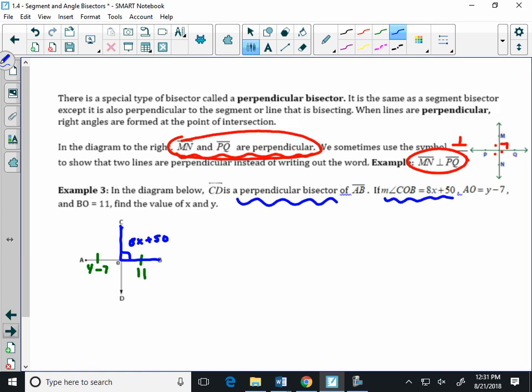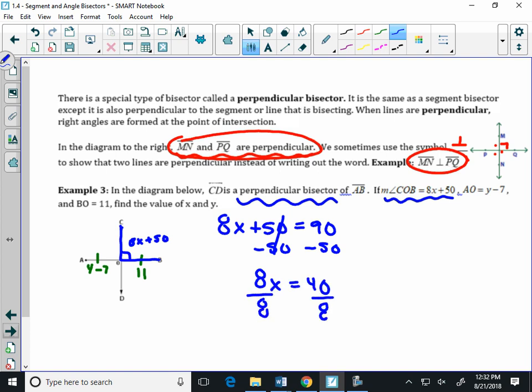Just take the expression and set it equal to the angle measurement, which is 90 degrees. We know that's a right angle, and right angles are 90 degrees. Set it equal to 90, and then solve. Move the 50 over, we get 40, divide by 8, so x is equal to 5.